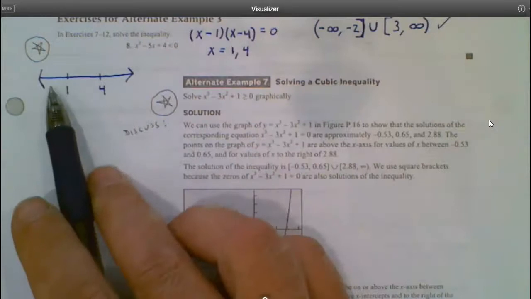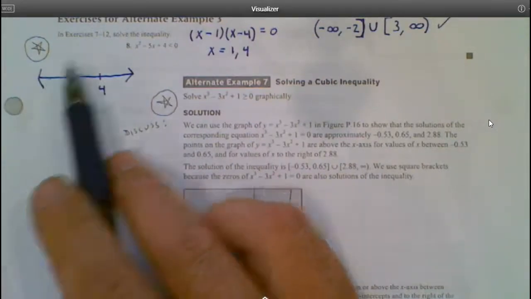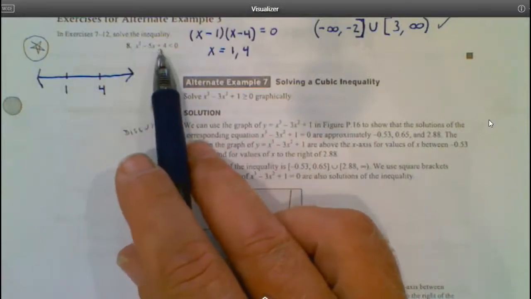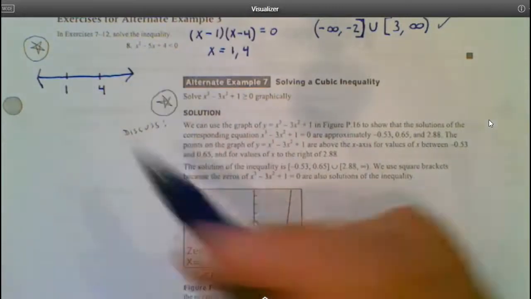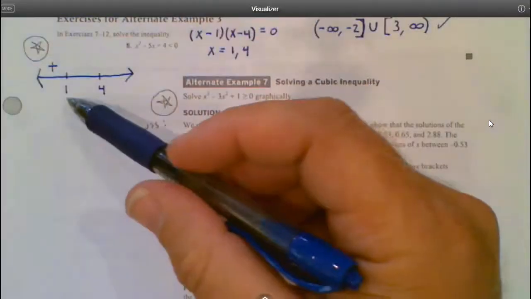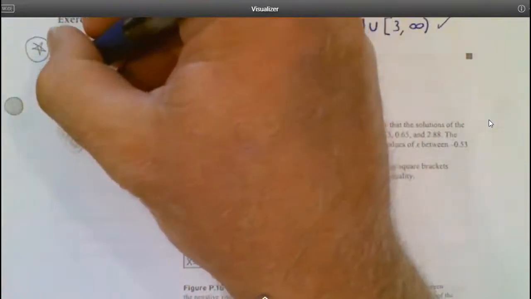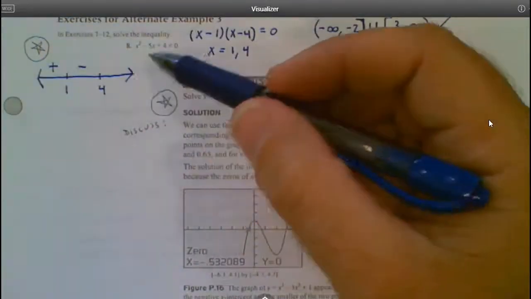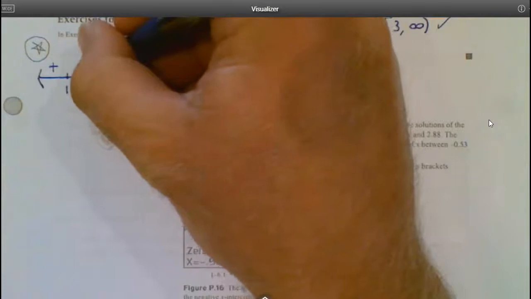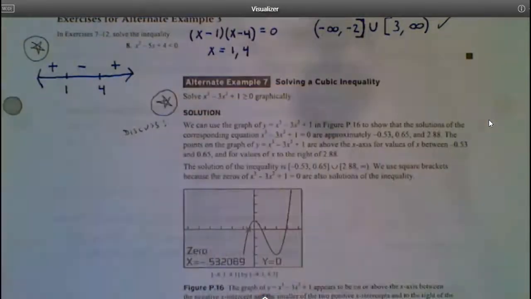So if I picked any number right here, like 0, and plugged it in for x, overall I'm going to get a positive result. If I pick any number between 1 and 4 and plug it in for x, I'm going to get a negative, and any number bigger than 4 is going to give me a positive. All right, so that tells me what my graph looks like within those 3 intervals.